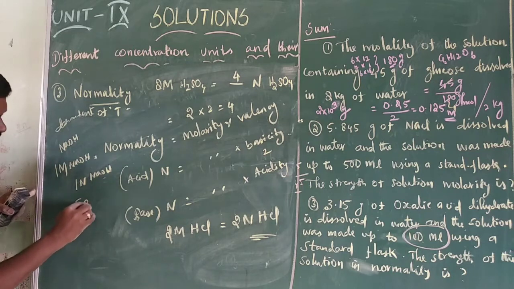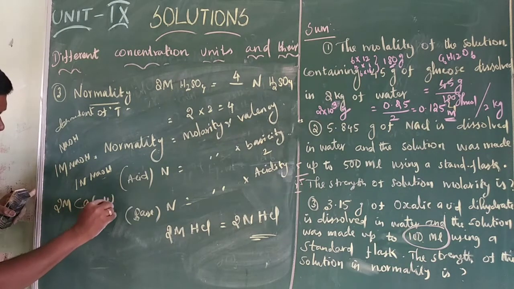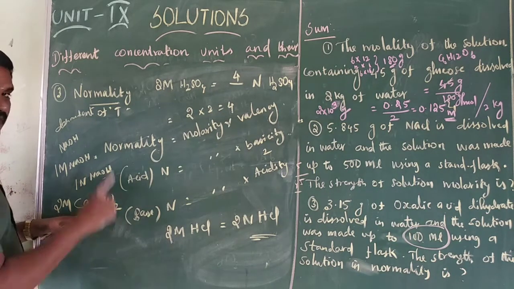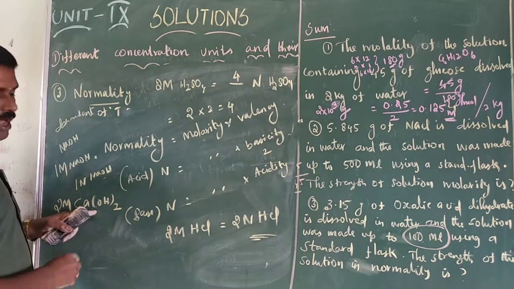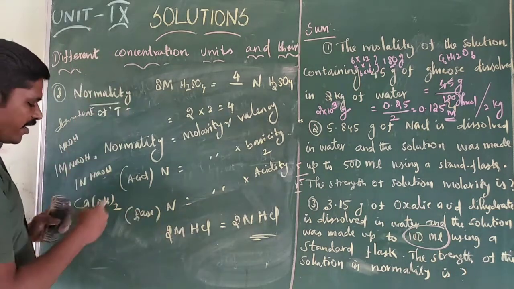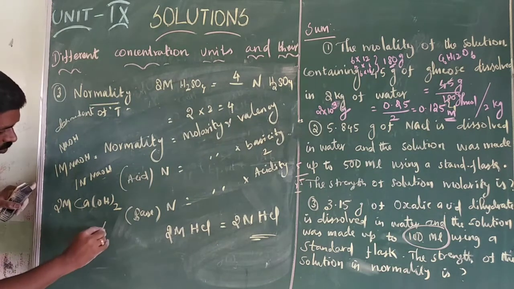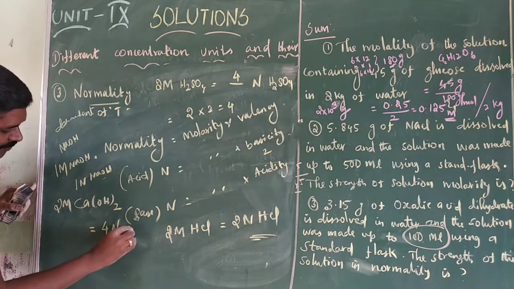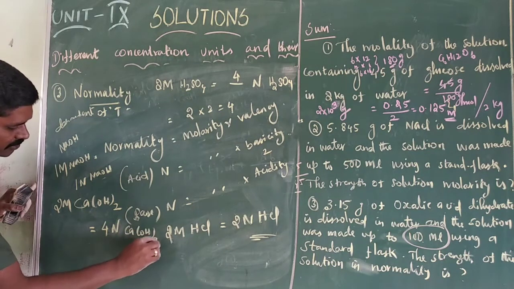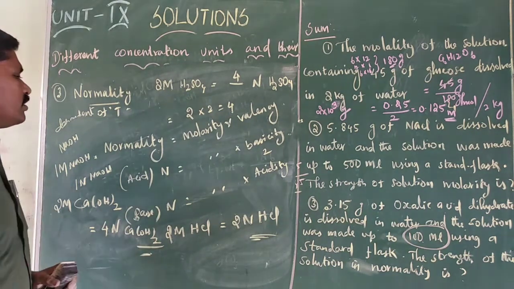But in calcium hydroxide, the 2 molarity of calcium hydroxide, the acidity is 2. The calcium hydroxide dissolved in water gives 2 moles of hydroxide ion. So that is equal to 4 normality of calcium hydroxide.